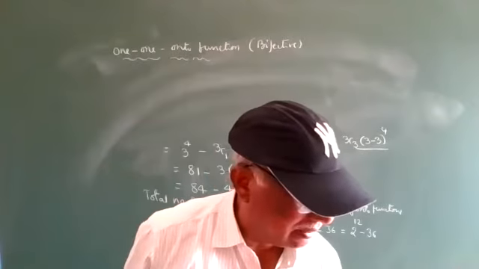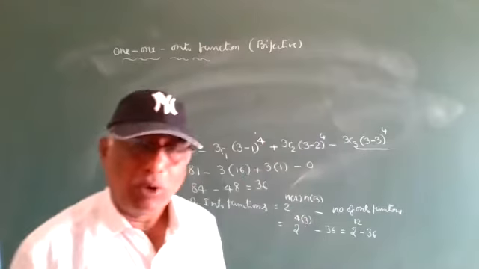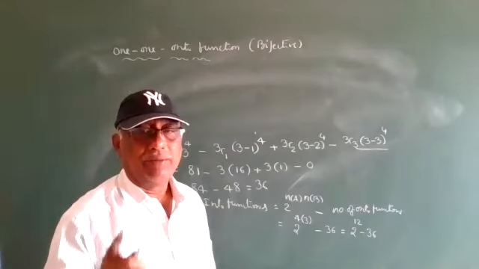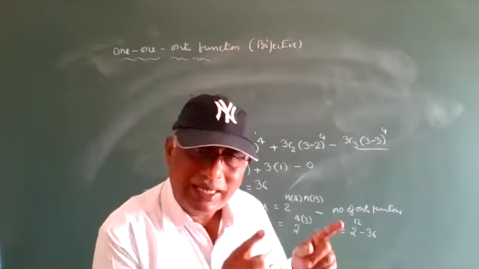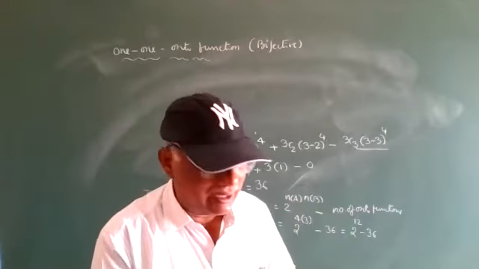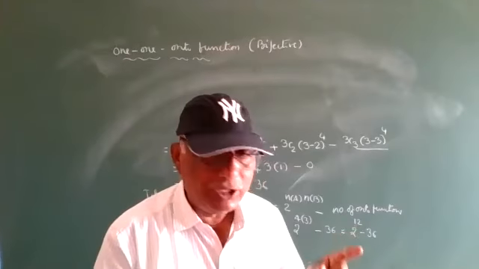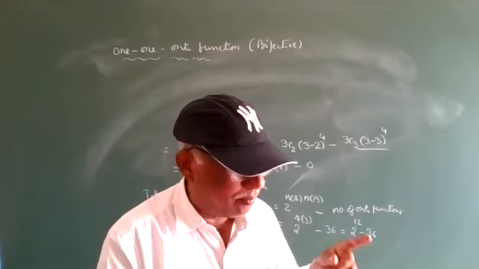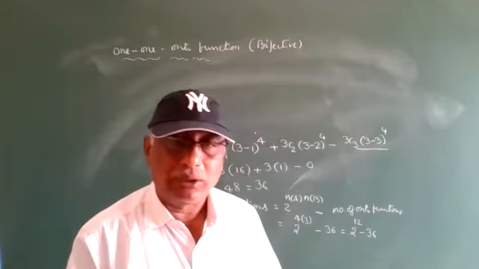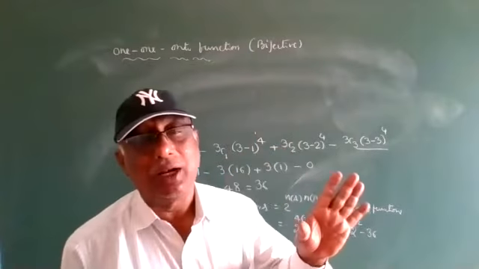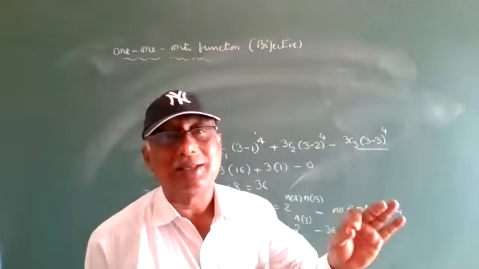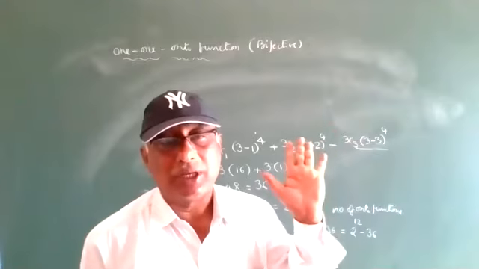That is both 1-1 and onto. If f is a mapping from A to B and it is bijective, it is both 1-1 and onto, and that function is called a bijective function.